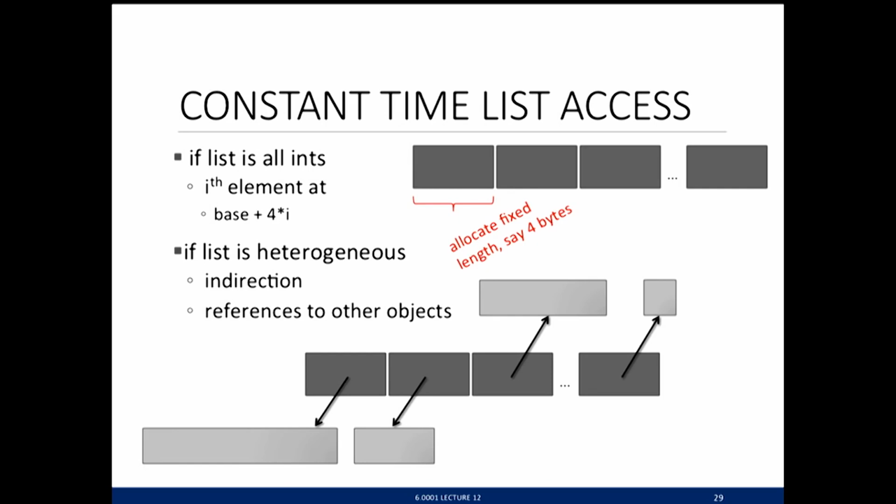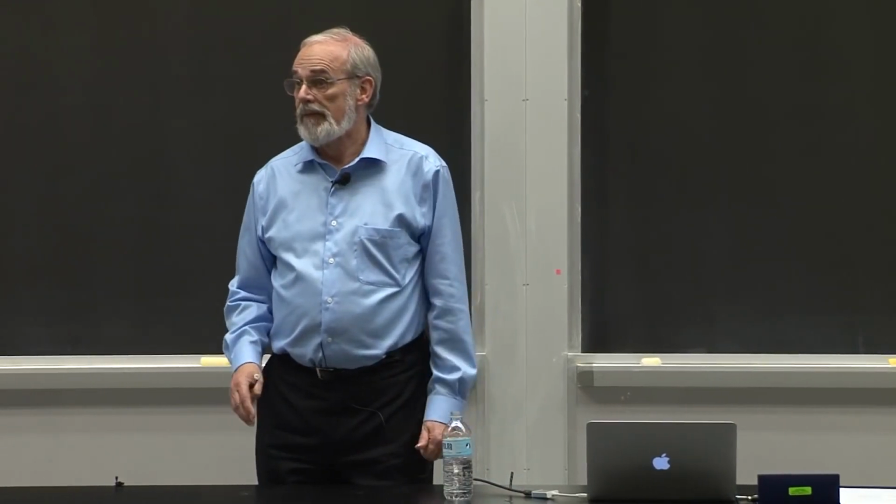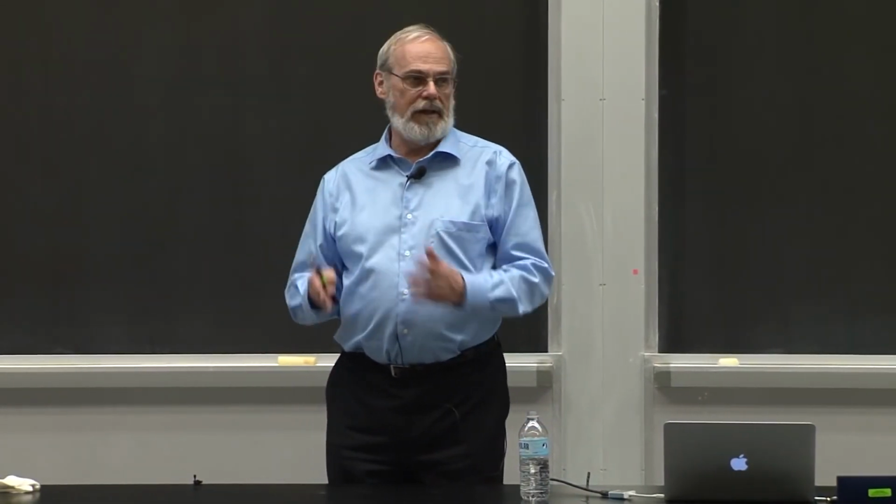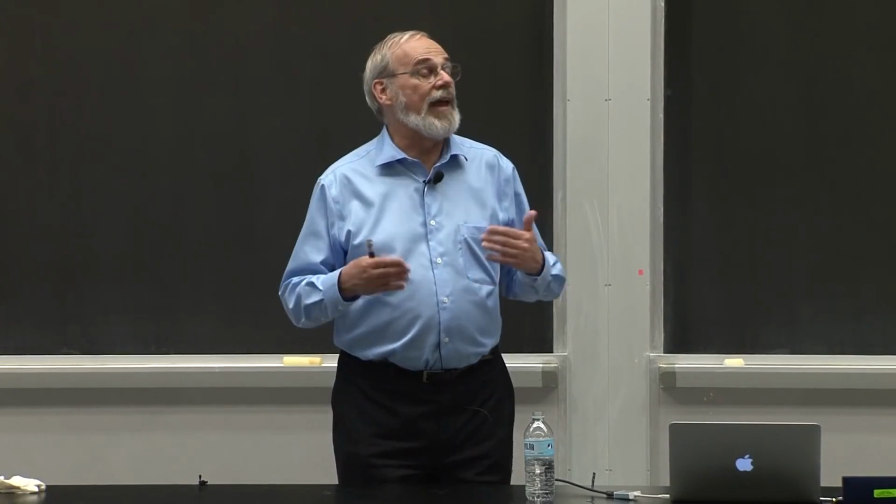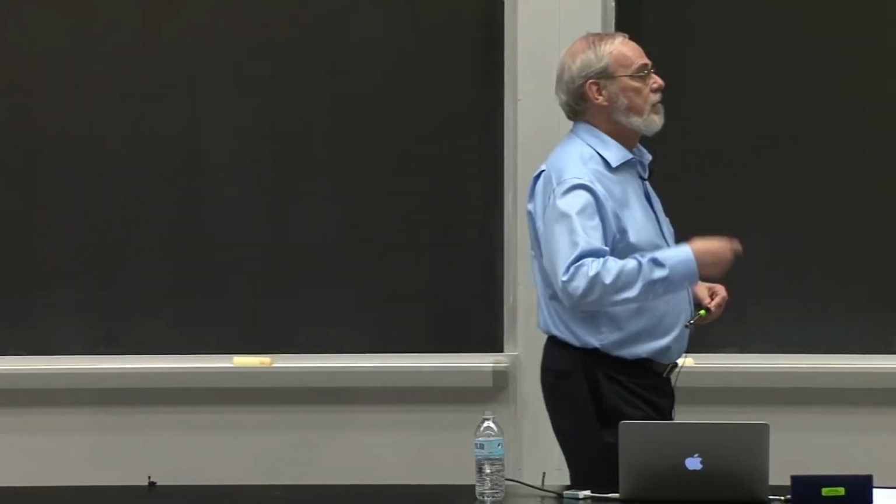And then I just need to know where's the first part of the list, what's the address in memory of the first part of the list, and to get to the ith element, I take that base plus 4 bytes times i, and I can go straight to this point without having to walk down the list. That's nice, okay? It says, in fact, I can get to any element of memory, any element of the list in constant time.